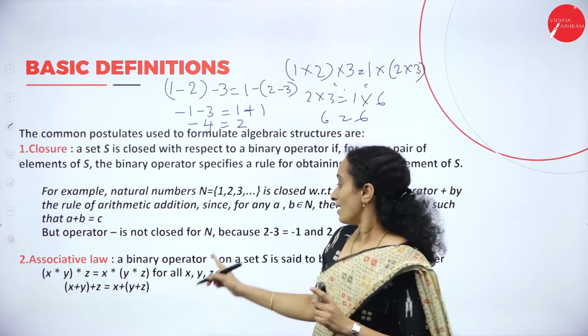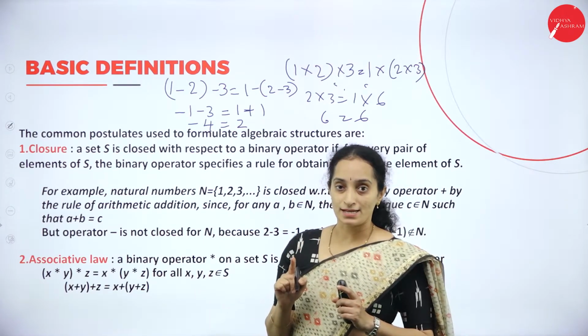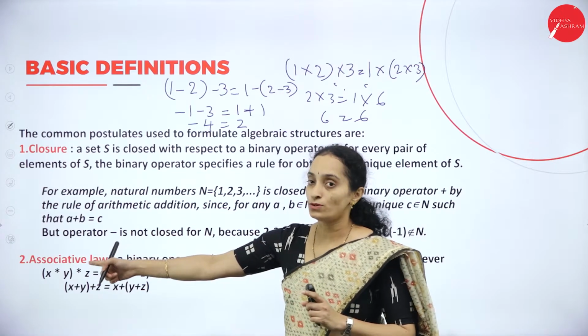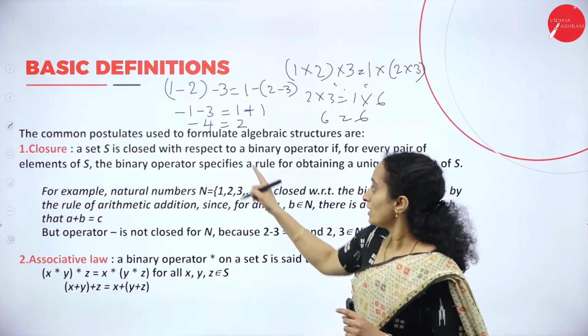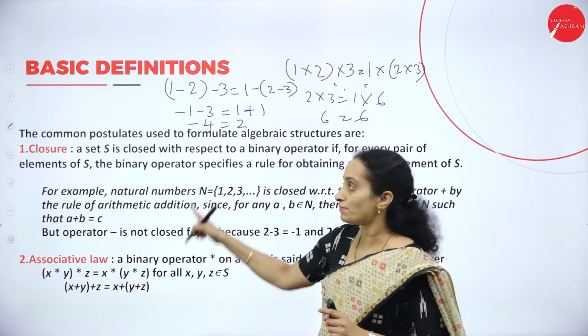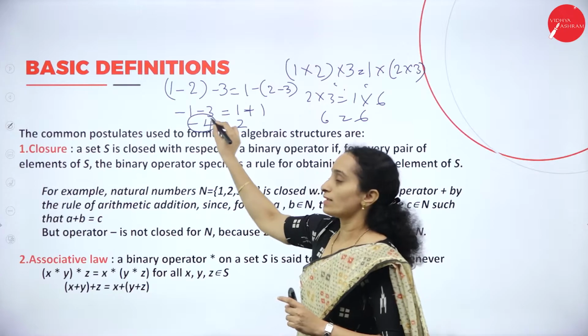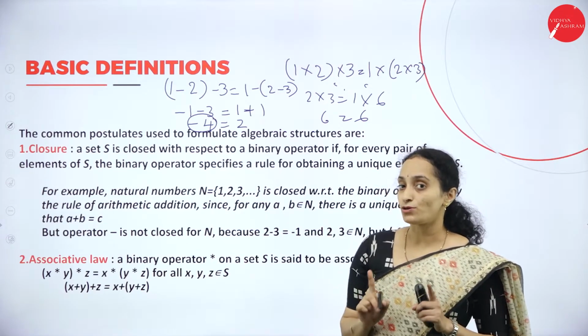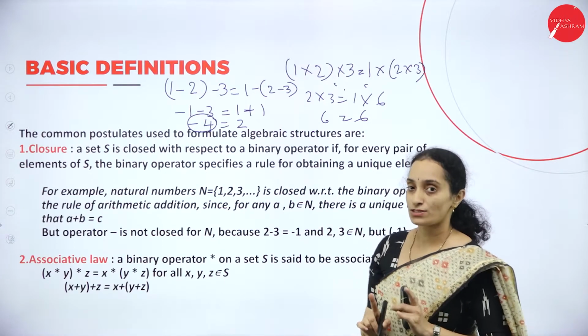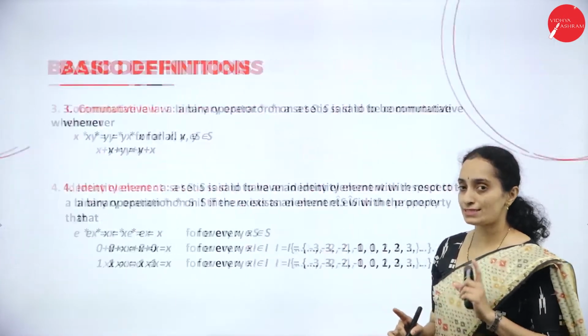That means the binary operator minus does not hold the associative law with the set S. Because if this is the set of natural numbers, minus 4 is not a natural number. So the operator minus will not hold good for the associative law with the set S.